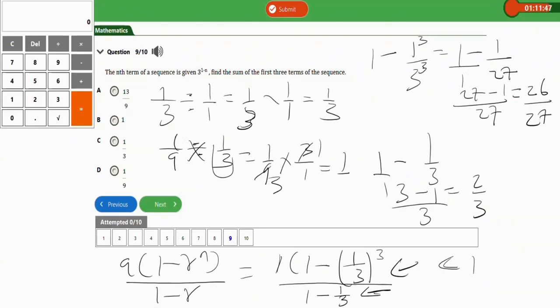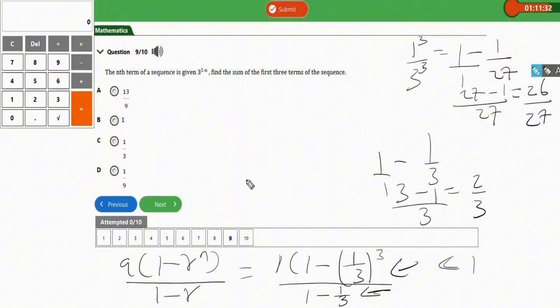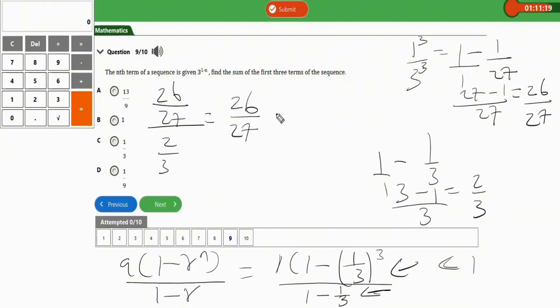So at this juncture, we are left with 26 over 27 divided by 2 over 3.